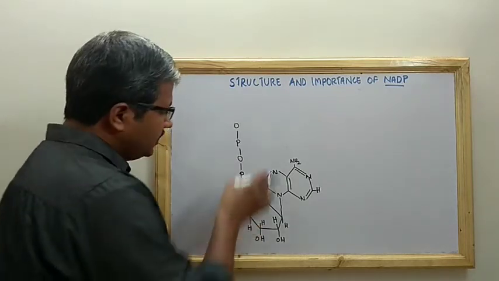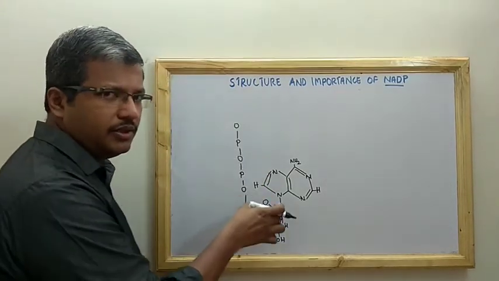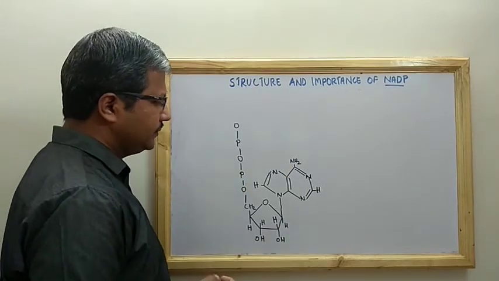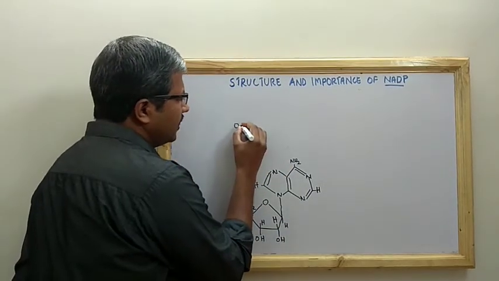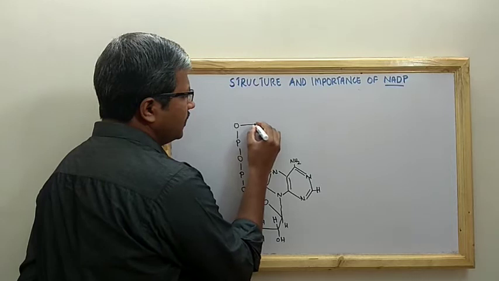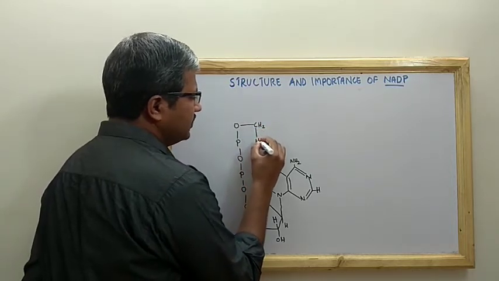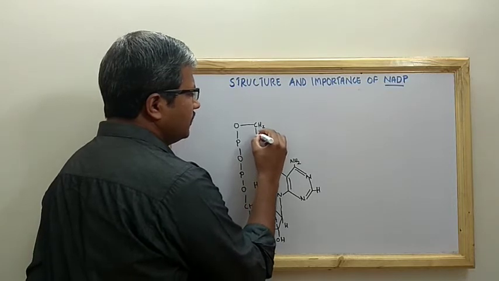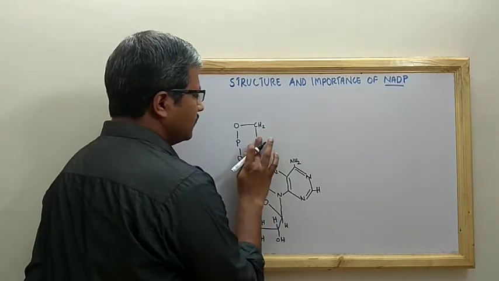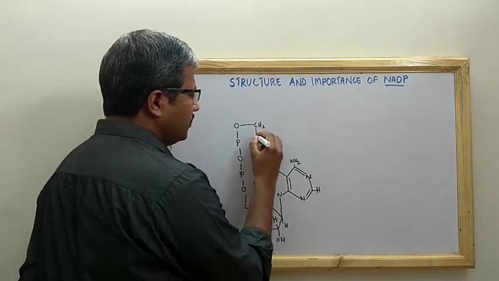So this is the bridge between the two nucleotides, and now this particular thing is linked with the CH2, which is connected with the fourth carbon of ribose.